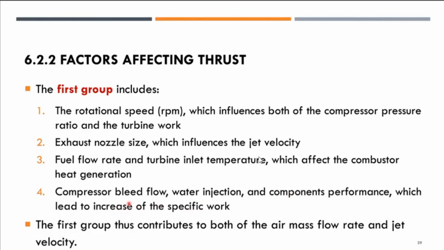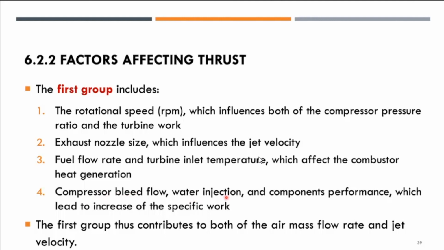Compressor bleed means that not all air being compressed in the compressor section will be supplied to the combustion chamber. Some of it will be bypassed out. So compressor bleed also has an effect on the thrust.